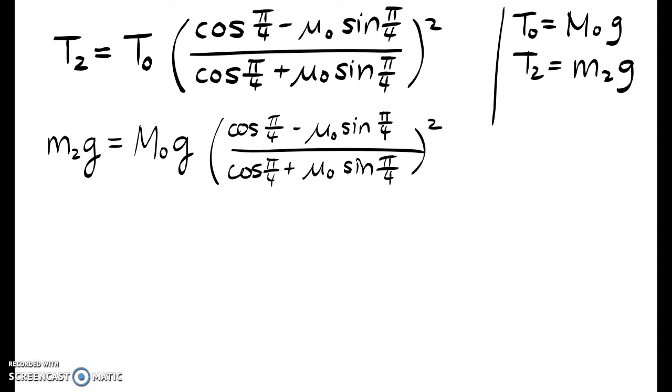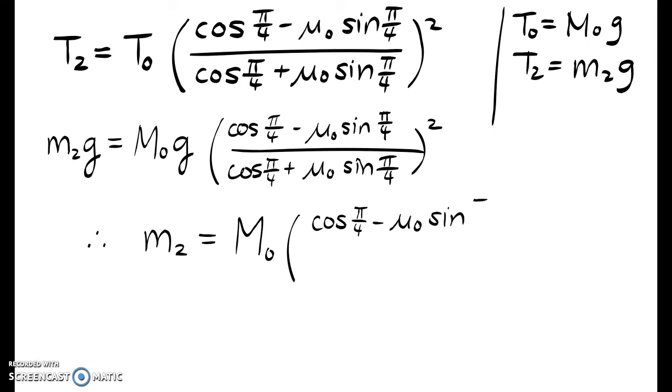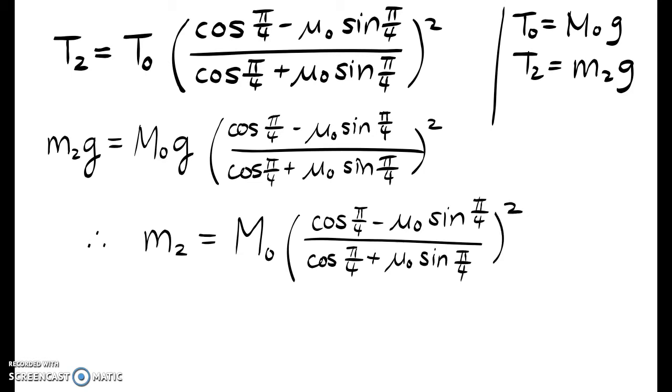Now that we have a g on both sides, we can cancel out the g's to get the relationship between m2 and m0. Therefore, we can conclude that m2 is equal to m0 times cosine of pi over 4 minus mu0 times sine over cosine plus mu0 times sine, and the whole thing squared.